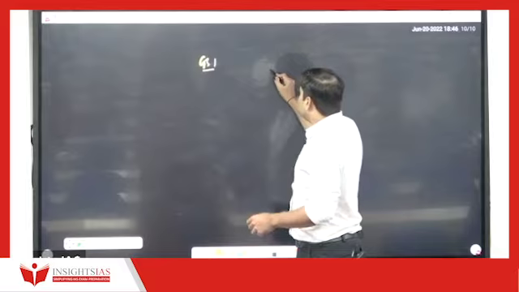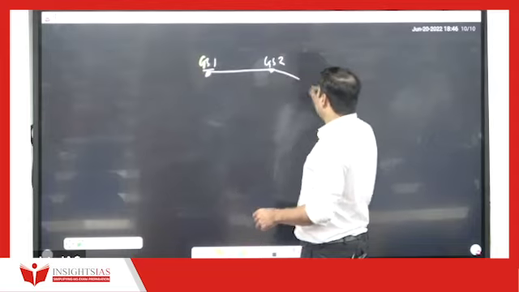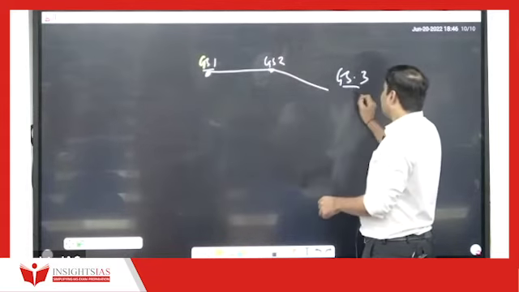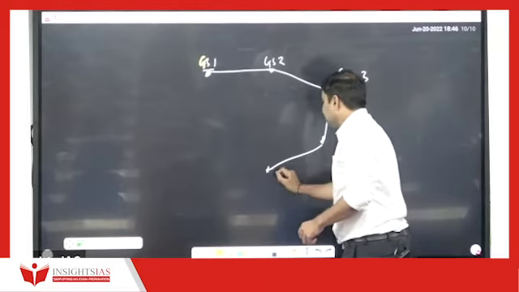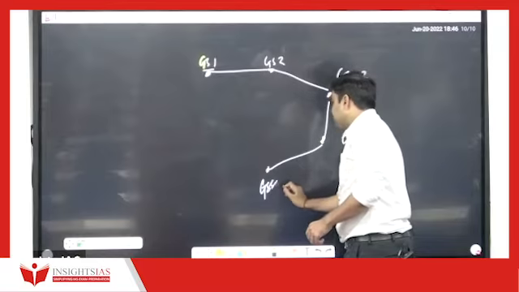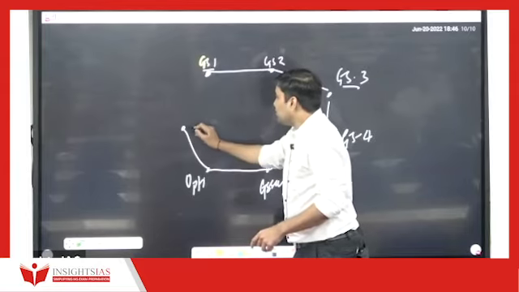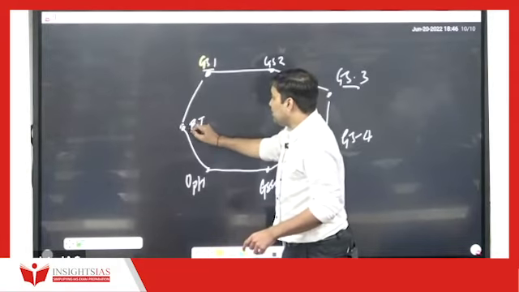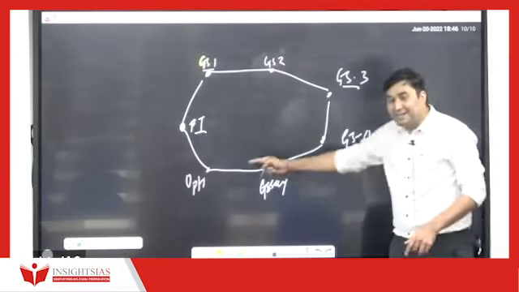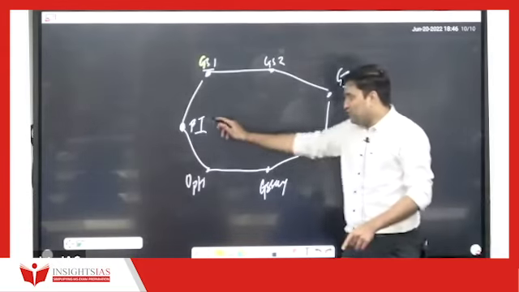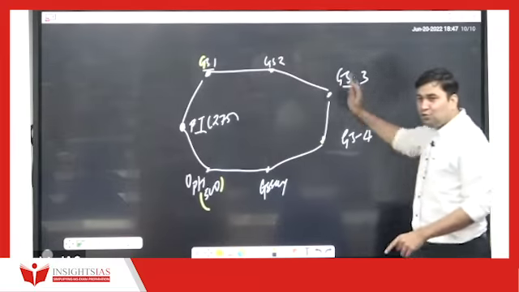GS1, GS2, these are the points, GS3, GS4, then essay, then your optionals, and your personality test, interview. ये 7 में से 4 + 3, out of this, basically this is 2 for 275 marks, right? This is for 500 marks and the rest of them are for 250 marks.